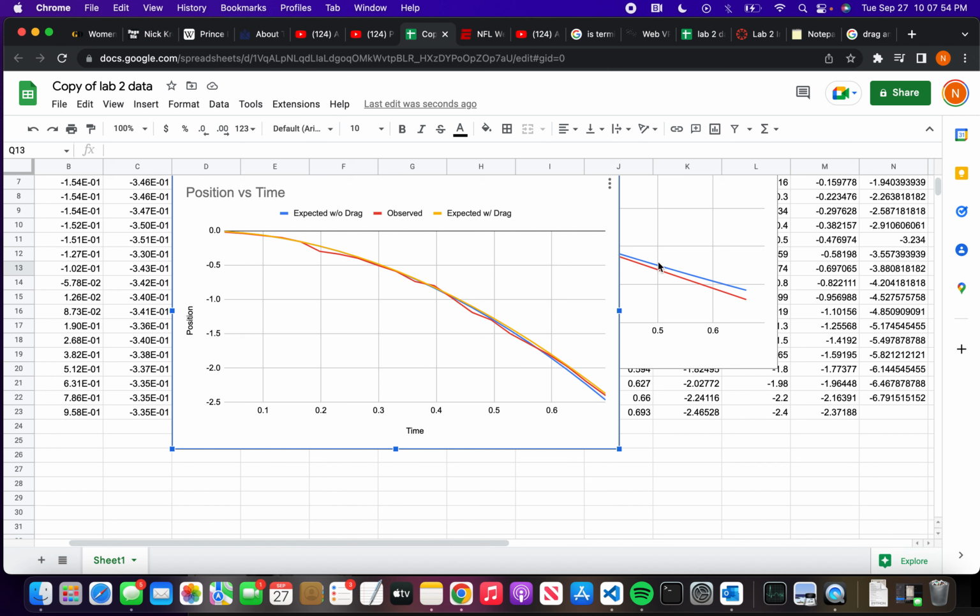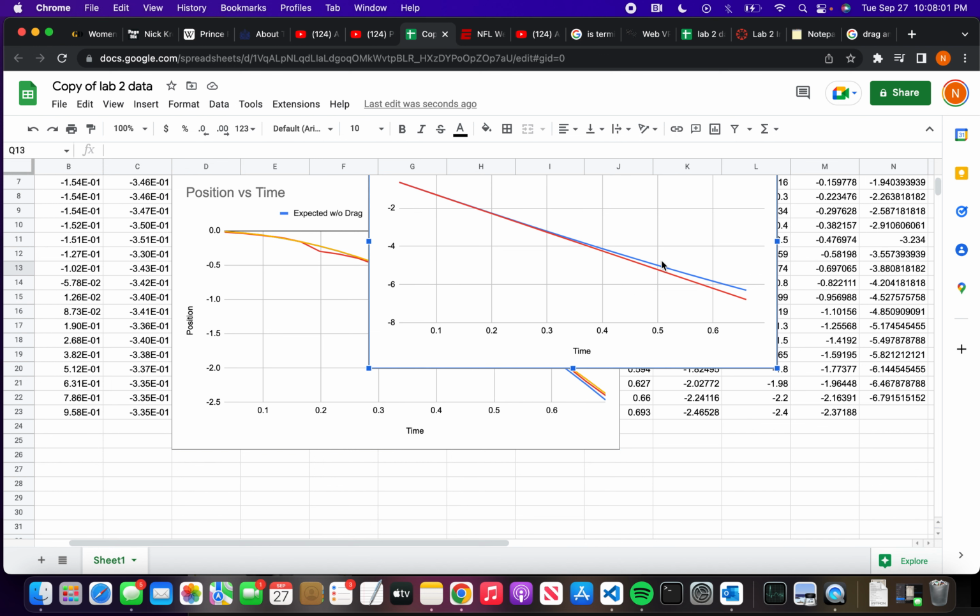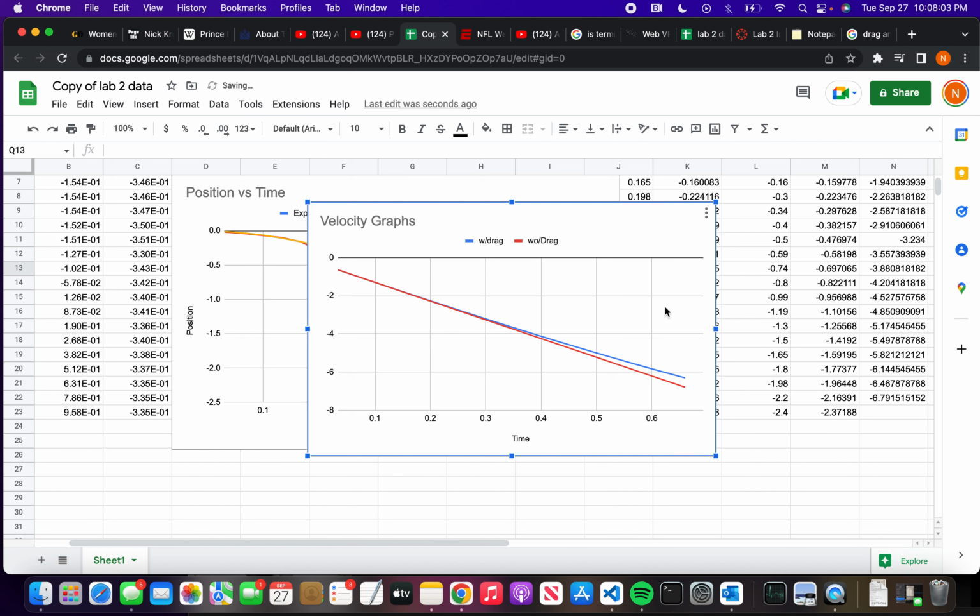In terms of a model that predicts if terminal velocity will be reached, we can say that our model that incorporates drag predicts terminal velocity.